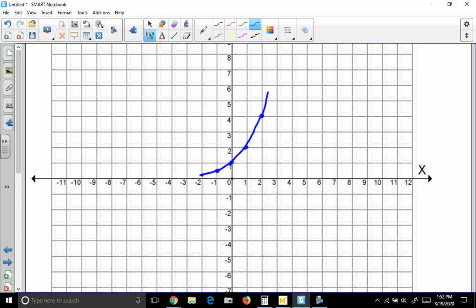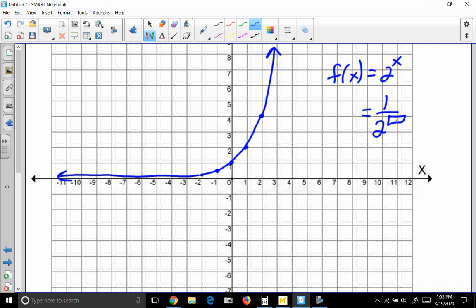So as we go to the right, we get steeper. As we go to the left, it turns out that we are never going to cross the x-axis, because if we substitute negative numbers in, we're not going to get a negative answer. We're just going to have 1 over 2 to that negative number change to a positive.